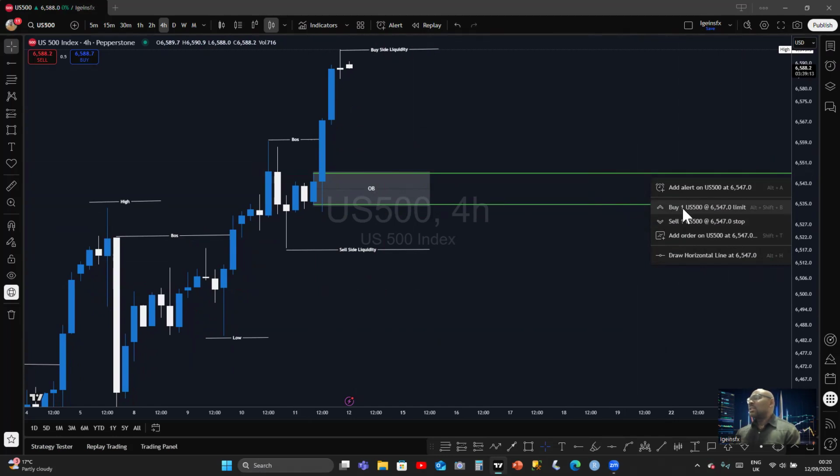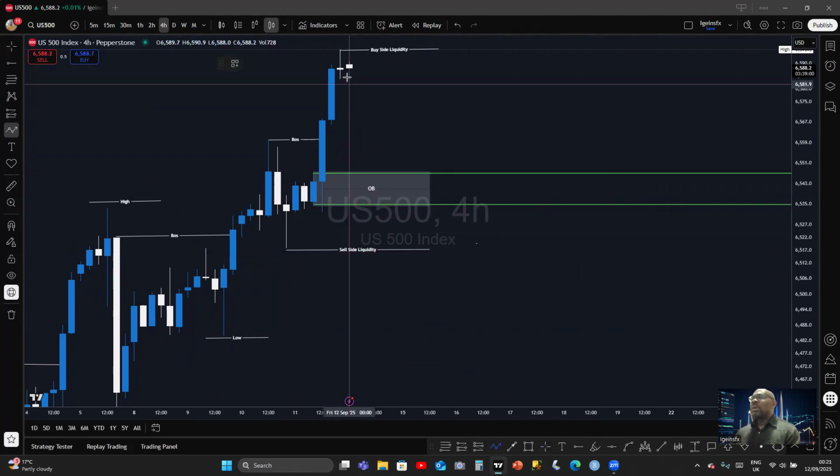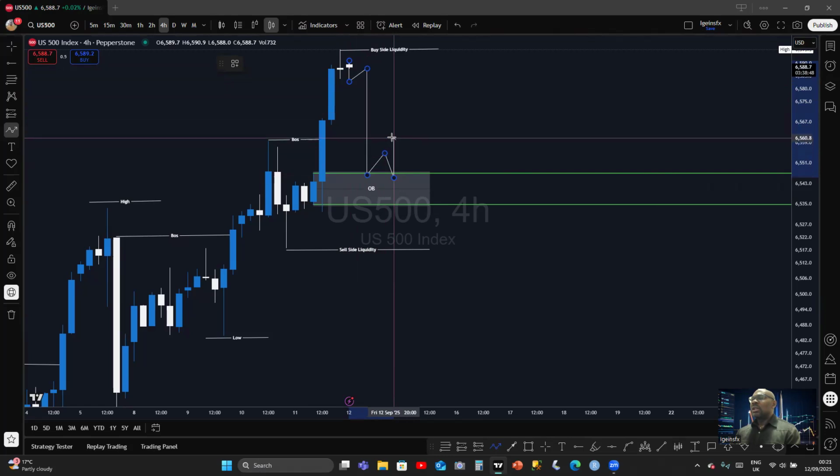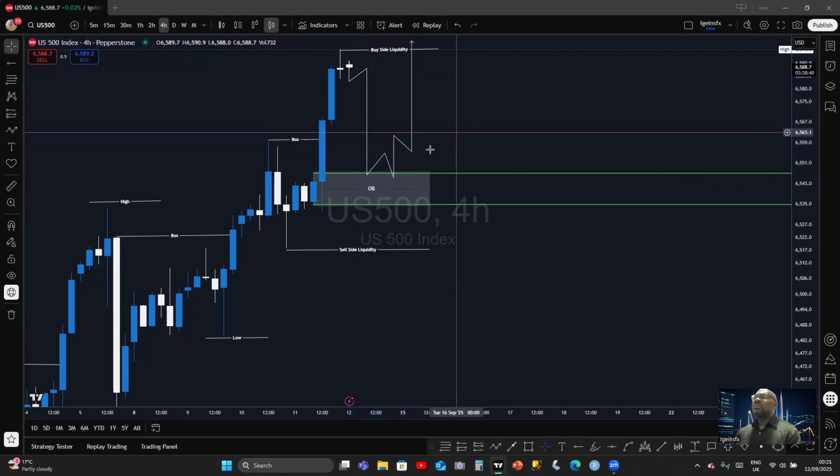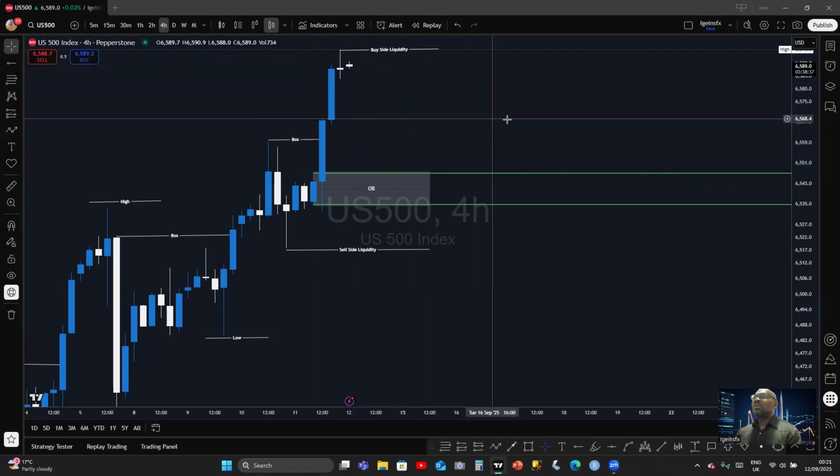So you can set, because it's a bullish trend, I just need to set a buy limit order, meaning that price will come back here, tap me in, change character, then start going to the upside to take out this buy side liquidity. As simple as that. There's no magic.